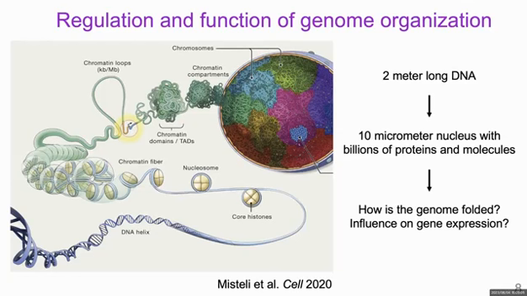So how is the genome folded? Whether and how the RNA or RNA binding protein influence the genome folding, and how the genome folding affects gene expression. These are very important questions in the field.